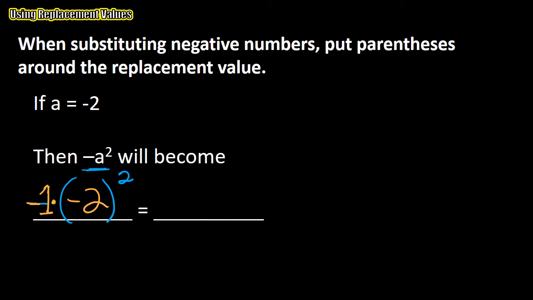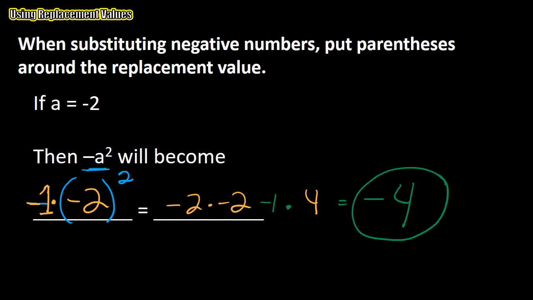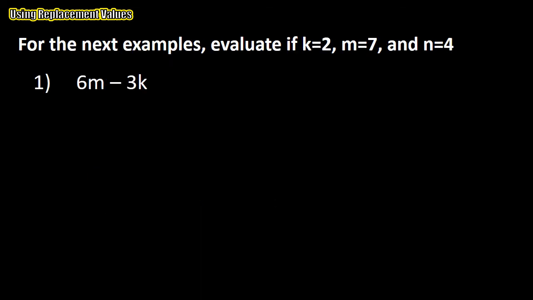So I'm going to do negative 2 times negative 2, giving me positive 4. But then I have that positive 4 times the negative 1. If I rewrite that, negative 1 times positive 4 gives me negative 4. It seems a bit tricky, but the real key is to use parentheses around the negative replacement values. Let's try a couple examples.